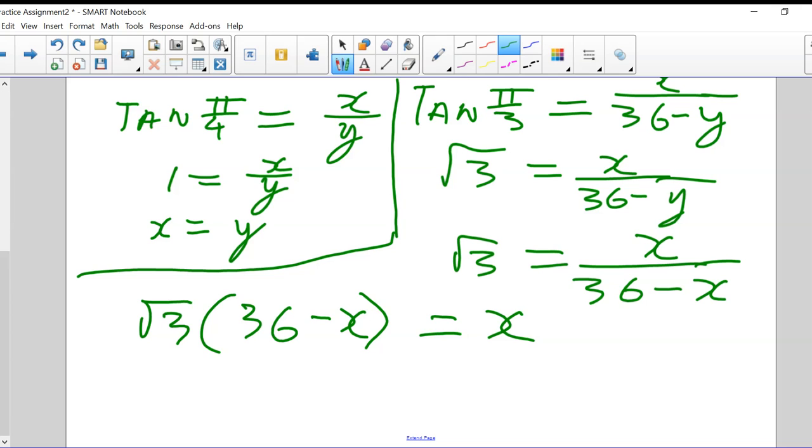Expand the left side. Okay. What would I get if I expanded that left side? Tell me what the terms are that I would get from expanding that left side. 36 root 3 minus x root 3. Okay. 36 root 3 minus x root 3 equals x.